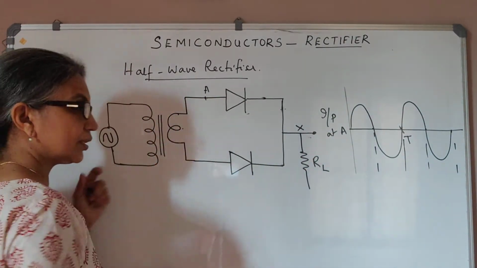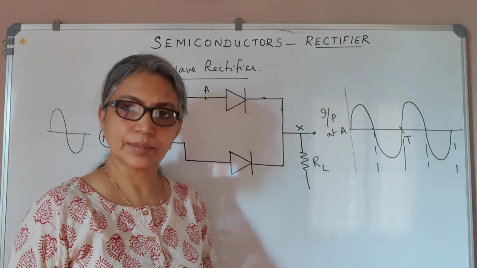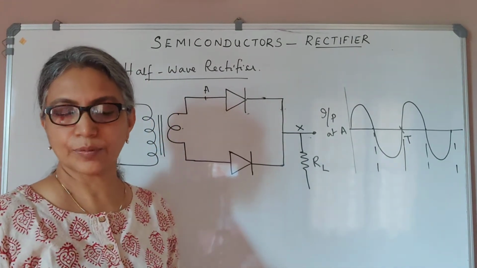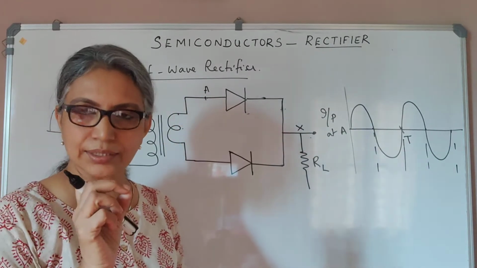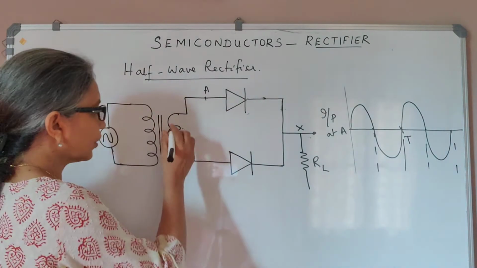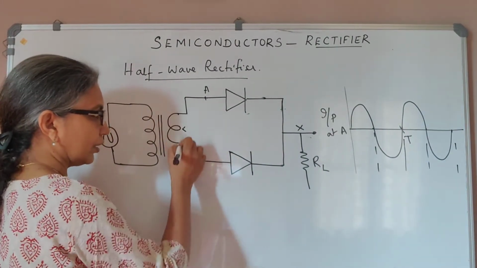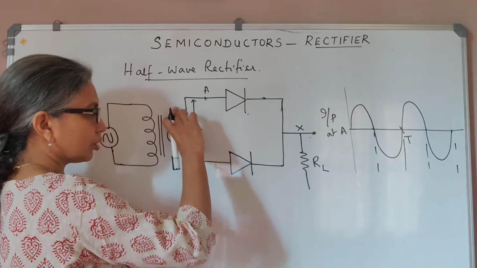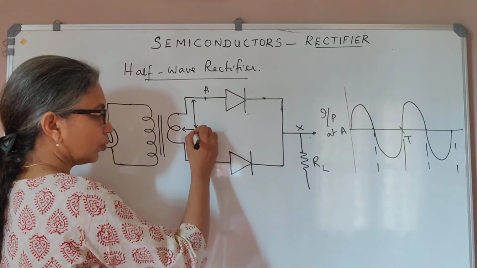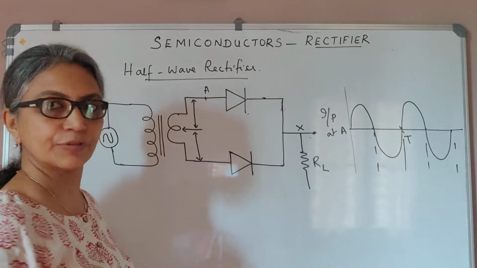Then what we have in this case is called a center tap transformer. The center tap transformer is a normal transformer that you learned in the AC chapter. The only difference is there's a slight modification. We have a wire connected exactly at the center of the secondary winding, such that the full voltage across the secondary winding will be divided into two voltages of equal magnitude.